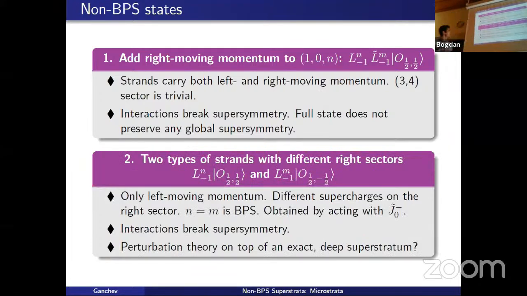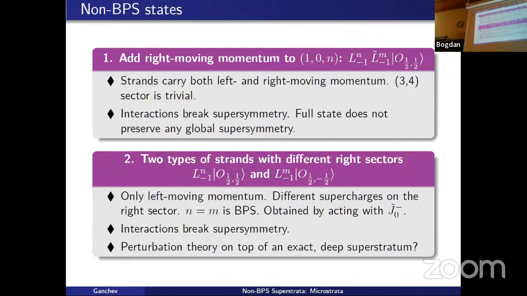And the other thing that we will look at, which we're currently working on, is that we'll consider 2 types of strands. This will only have left-moving momentum in this case. We're not adding right-moving excitations, but they will preserve different supercharges on the right sector. As you can see, there is a minus sign here.